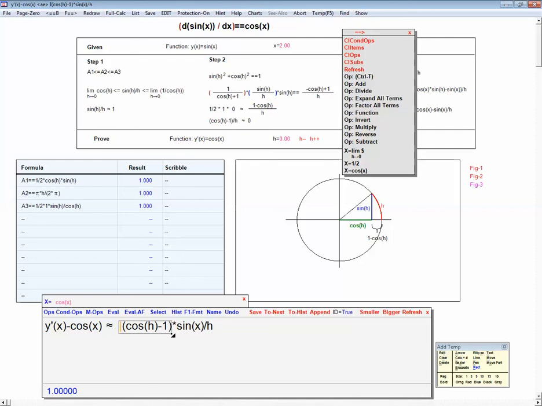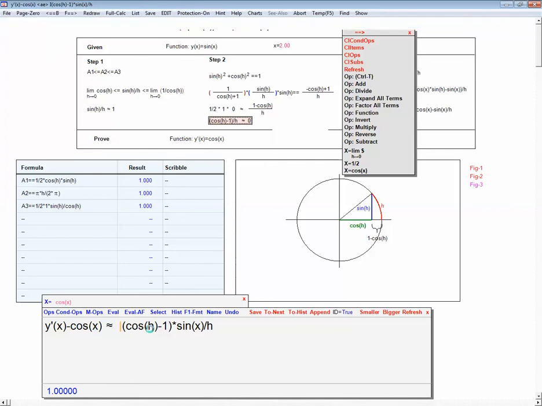It's split up, but I have the cosine of h minus 1 divided by h. So those two terms are going to come together and go to 0 as h goes to 0. So that means the whole right-hand side goes to 0. So let's take that limit, essentially.